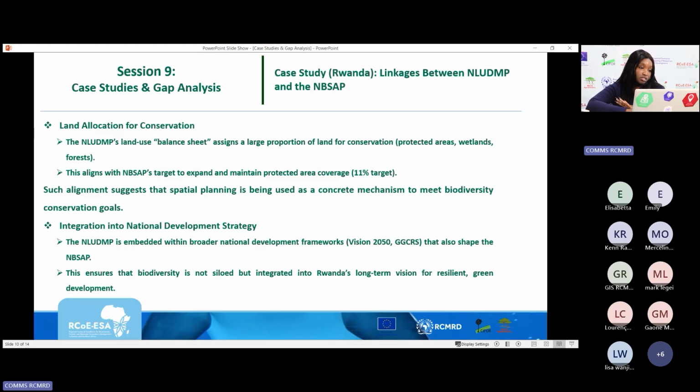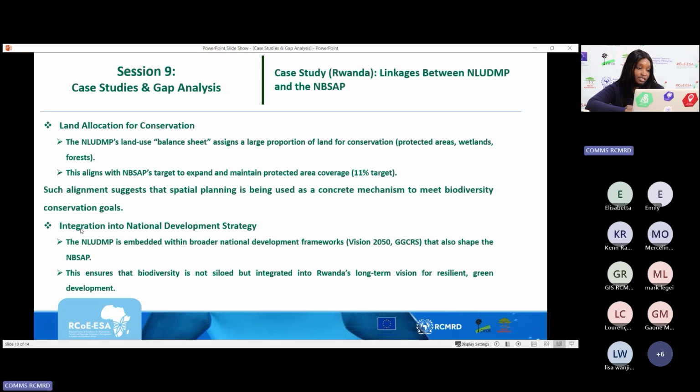This aligns with the NBSAP's target to expand and maintain the protected area coverage. Their target is 11%. Such alignment suggests that spatial planning is being used as a concrete mechanism to meet biodiversity conservation goals. So you can see how much it's reliant on spatial planning.